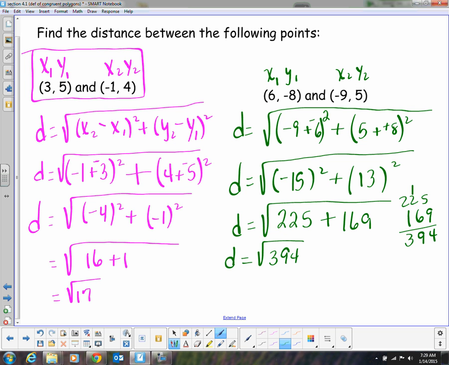Any questions on your distance formula? You're going to be using that on one of your problems. You know what? I could look and see. I'm going backwards in the book. Let's see, section 4.1. Not the second I'm teaching.